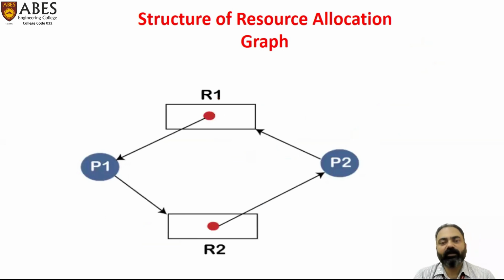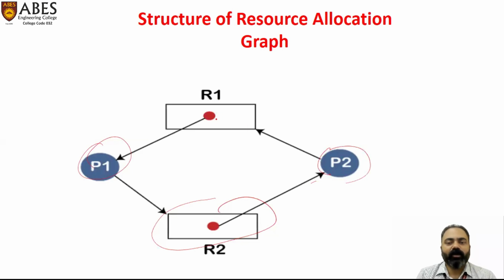Here is a diagram. You can see R1, which is already allocated to P1, and P1 is requesting R2, which is already in possession of P2, and P2 is requesting R1, and R1 is already occupied by P1.